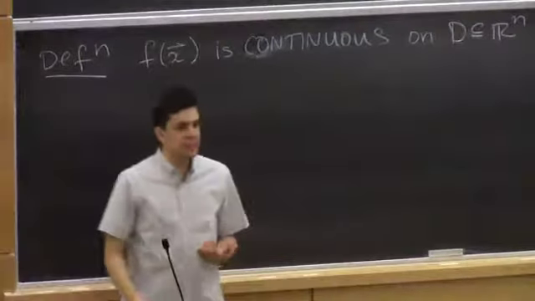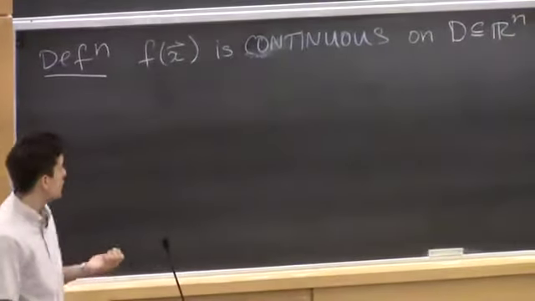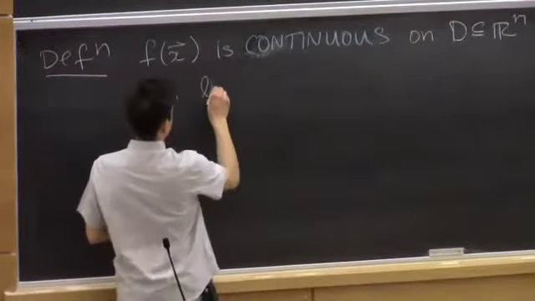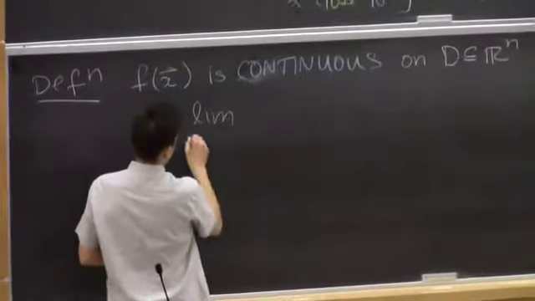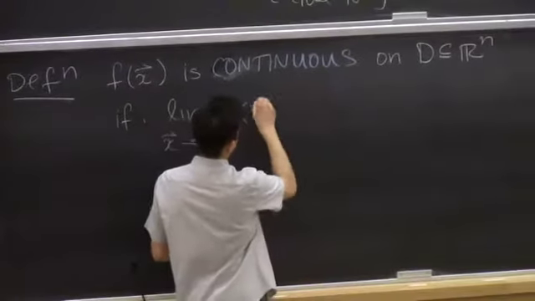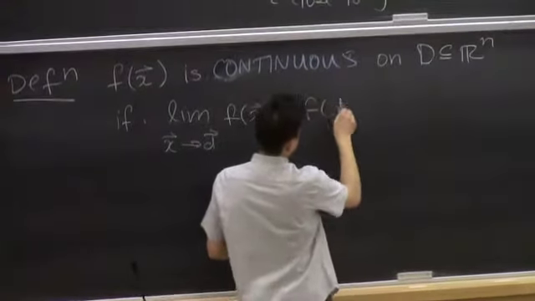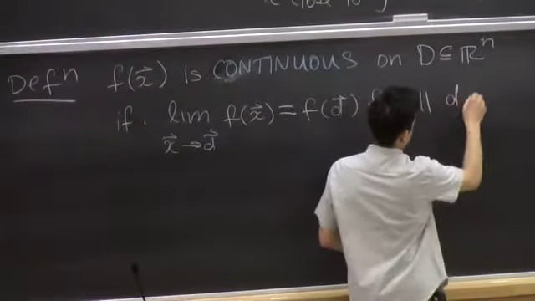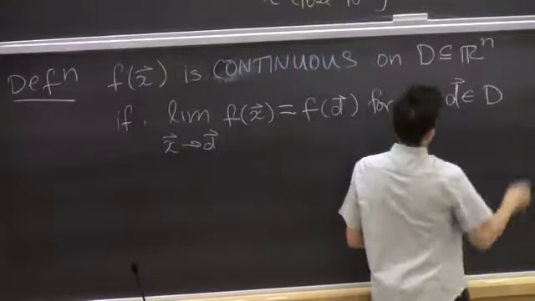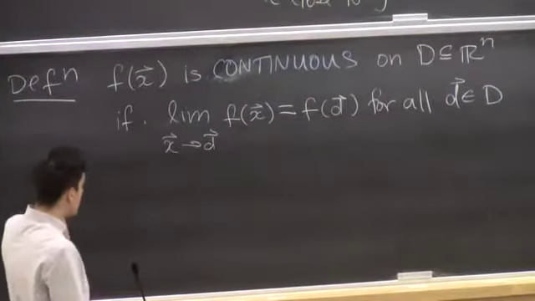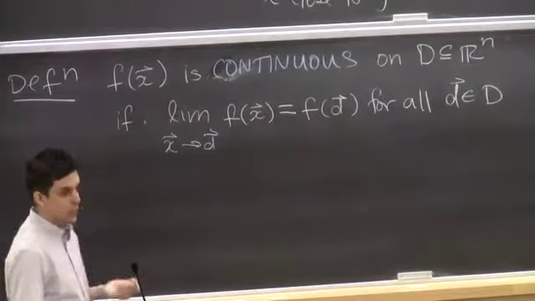We say that something is continuous on a domain D if it is continuous at each point in the domain.